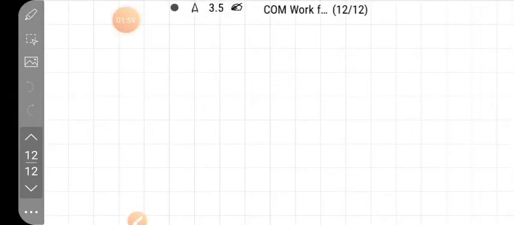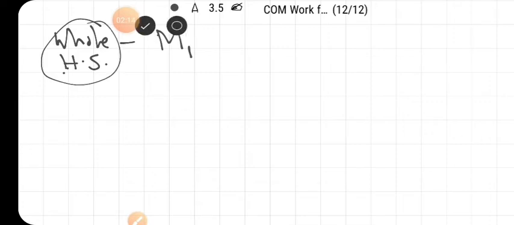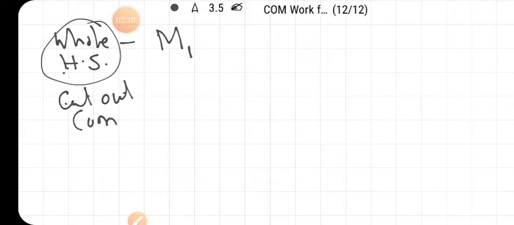So the whole hemisphere, I write its mass as m1, suppose. And second, the cutout cone, its mass is suppose m2.